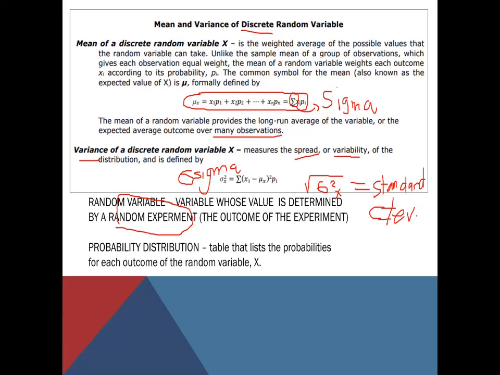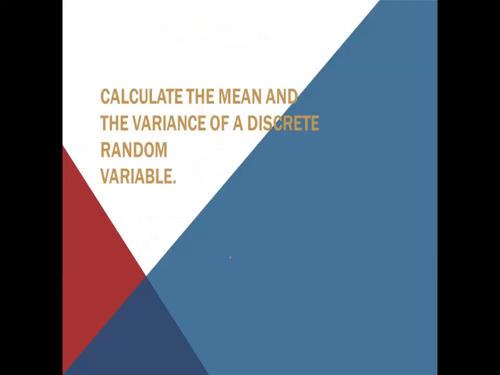Earlier I said that if we have an experiment and our random variable x is tail, then tail is our outcome. We put its corresponding probability, so we need to put it in a table. Okay? We will see that later when we discuss our examples.